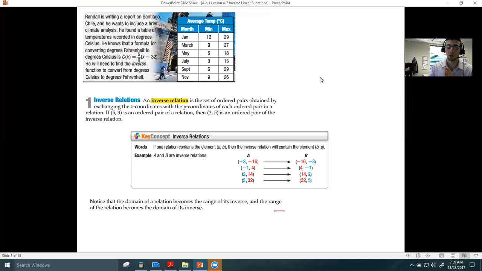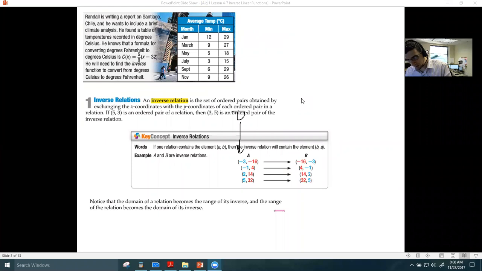Okay, notice that the domain of a relation becomes the range of its inverse, and the range of a relation becomes the domain of its inverse. Remember the set of the x coordinates is known as the domain, and the set of the y coordinates is known as the range.